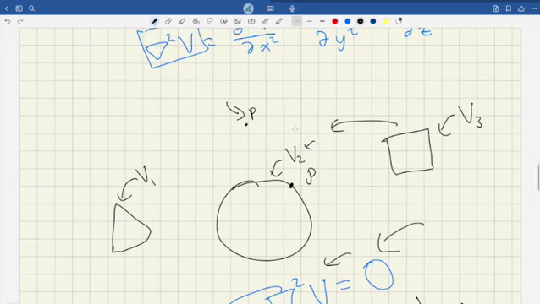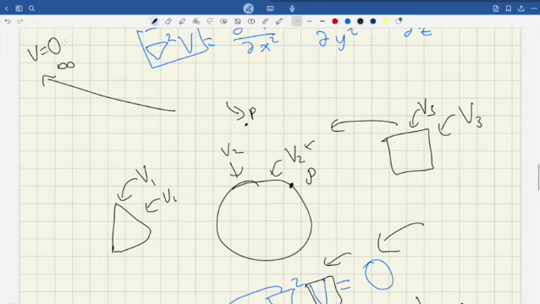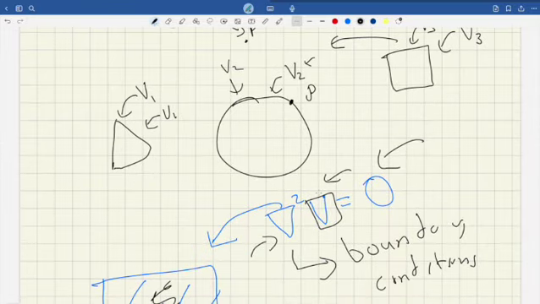And we can also say that if you go infinitely far away from this whole setup, your potential should just go to 0. So the V inside this equation, we're going to constrain so that it should be V1 on this region, for example, V2 on this region, V3 on this one, and 0 infinitely far away. That constrains the solutions to this equation so that we can actually find V.